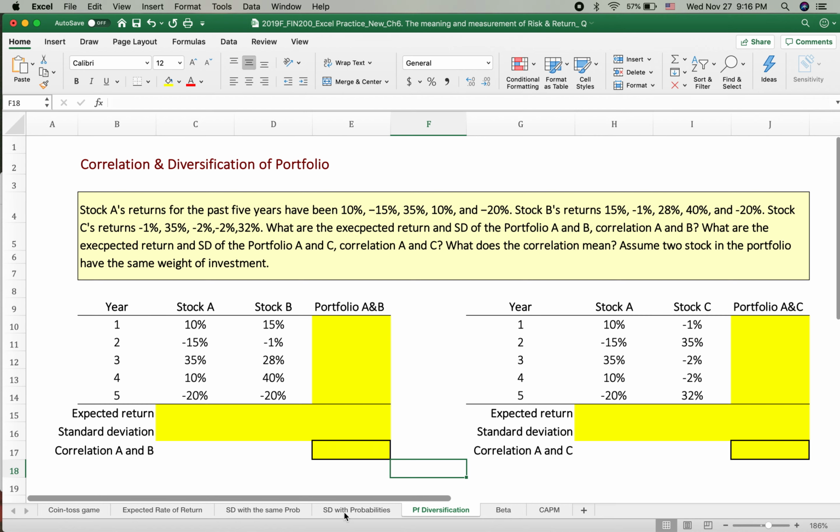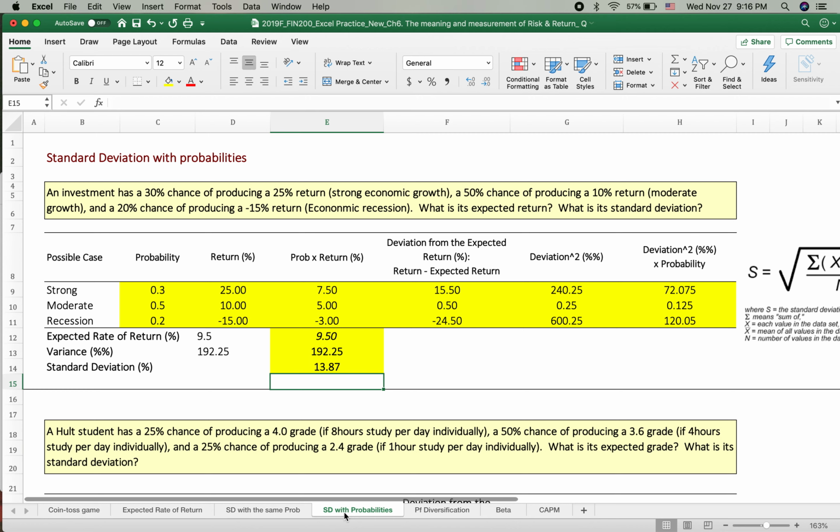In the last video clip, we calculated the standard deviation with probability cases for one stock investment, came up with the expected rate of return, and went through the process to get a standard deviation of 13%. A 9.5% expected rate of return with a standard deviation of 13% means the upside 13% and downside 13% is the variation, the uncertainty of this expected rate of return.